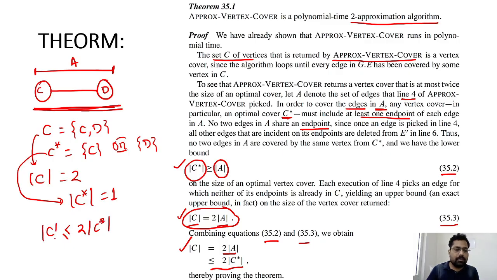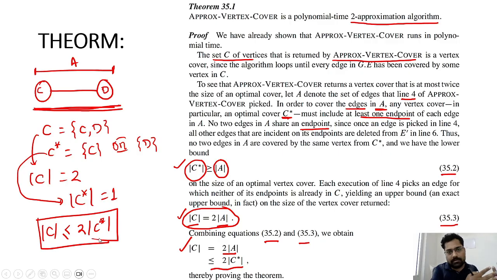Clear? I hope it is clearly understood where we are getting the approximation, through which we have completed the approximation on vertex cover in polynomial time. It is a two approximation algorithm, two times the optimal answer, whereas our expectation would be exactly one approximation. This is how we have completed our theorem. I hope it is clearly understood by you.